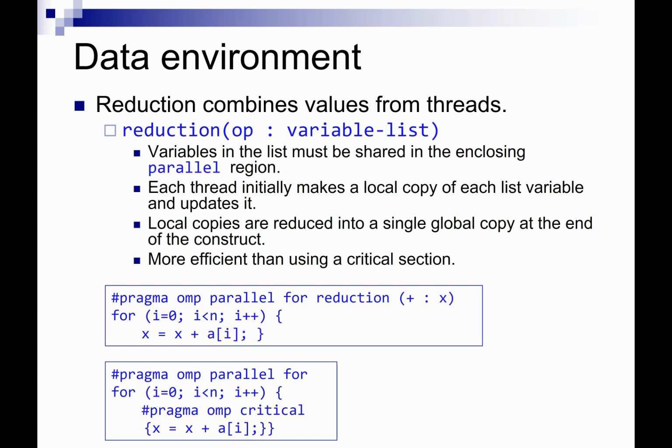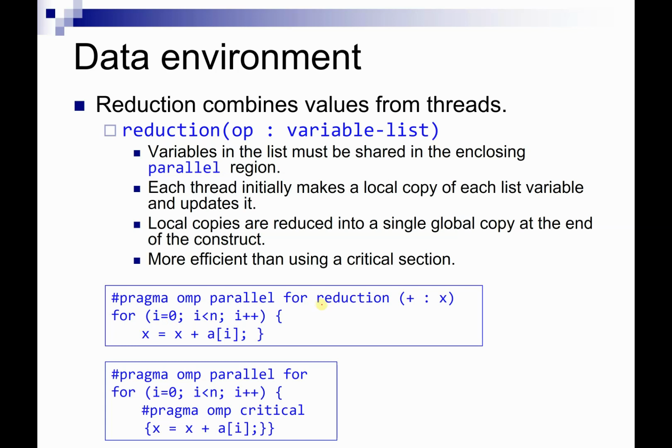When you add these all together, you get the sum for all of the elements of a, because these elements of a were partitioned among the threads. Every array element went to one of the threads, and each of the threads took all the parts of a it was assigned and added them together into its private copy of x.